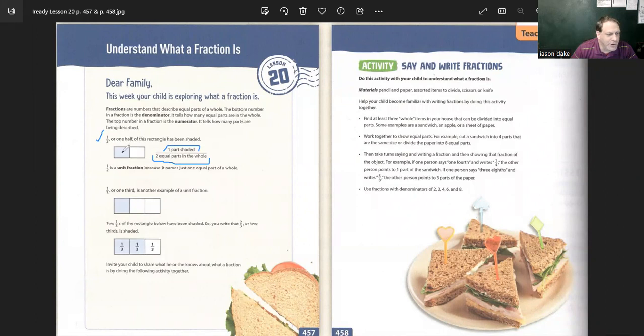Well, there's 1, 2 here, so that's where we're getting our 2. That's how many parts are all together. How many blocks are all together there? It's going to be 2.